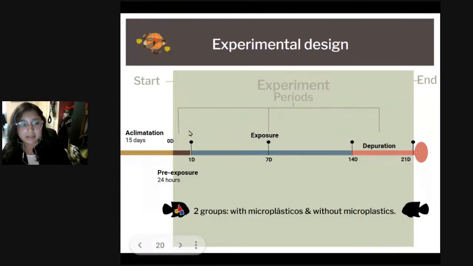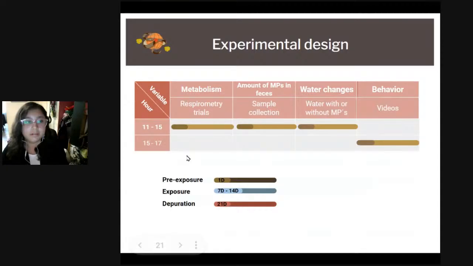Here we can see these dark dots on days 1, 7, 14, and 21. This marks a water change, and we also use this day for the experiments on behavior and oxygen consumption. So one dark dot day looks like this.